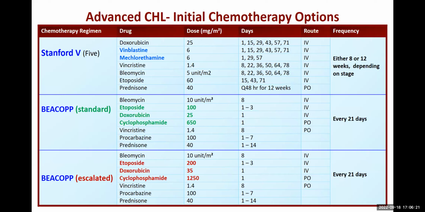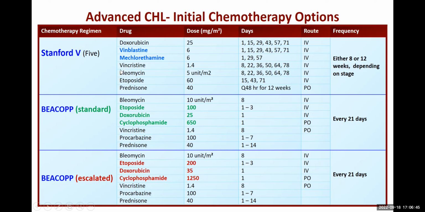Now, before I go on to those few slides, I'll go very fast through them. This is Stanford 5, and the dose is also given over here in milligram per meter square. Doxorubicin, vinblastine, mechlorethamine, which is nitrogen mustard, most probably, and vincristine, bleomycin, etoposide, and prednisone.